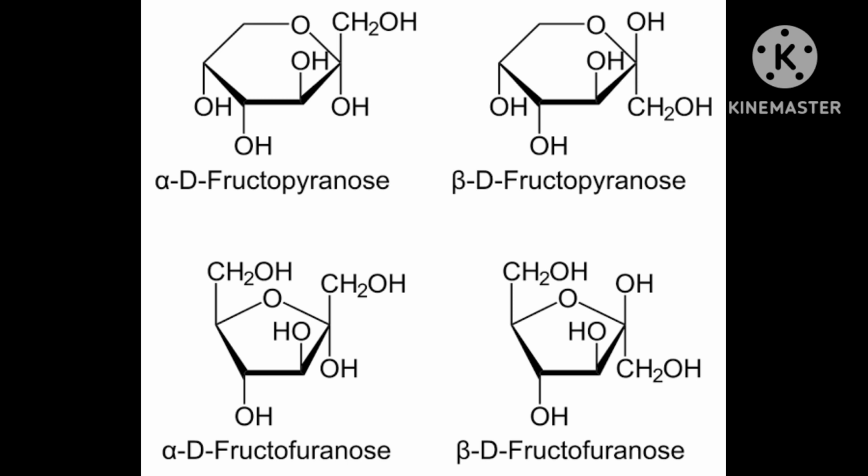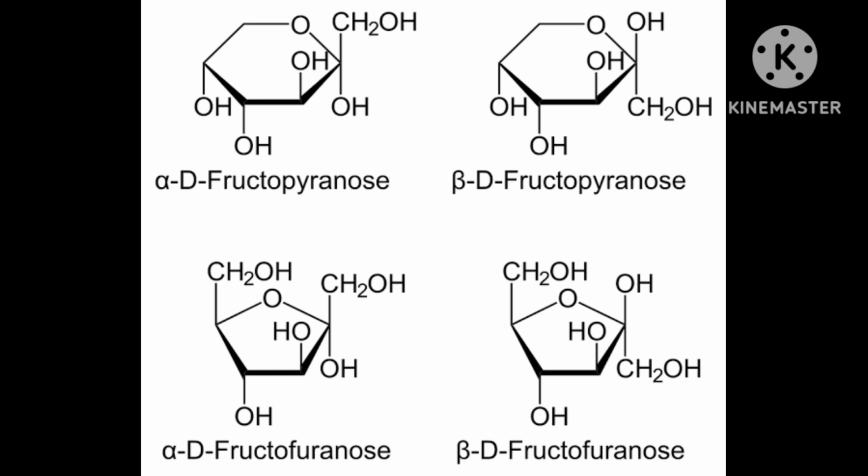Carbon number 4 has a single bond, attached with 3 by a single bond, and 4 and 5 are also single bonds. Only 5 and 6 have a double bond, in front of each other. That is a double bond.